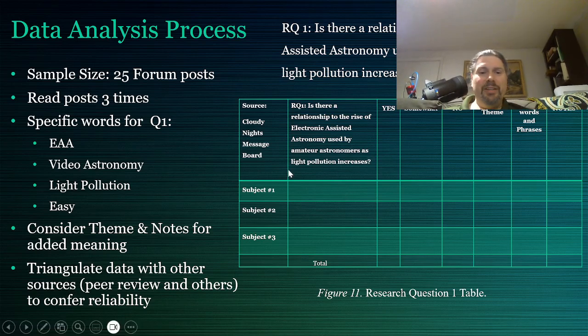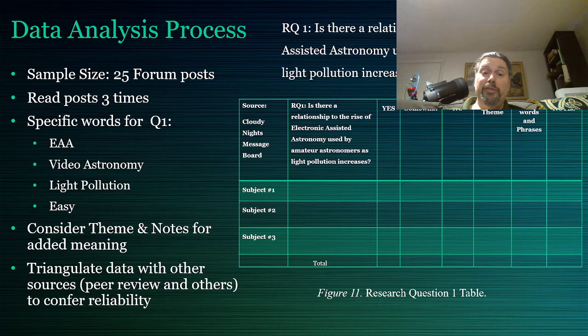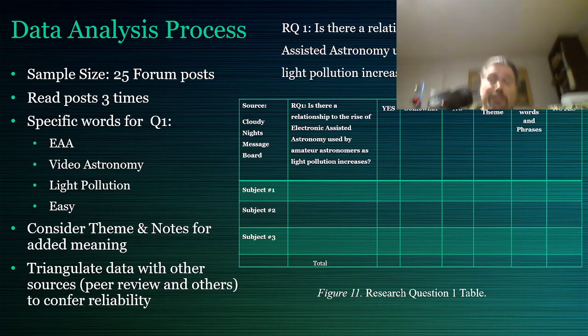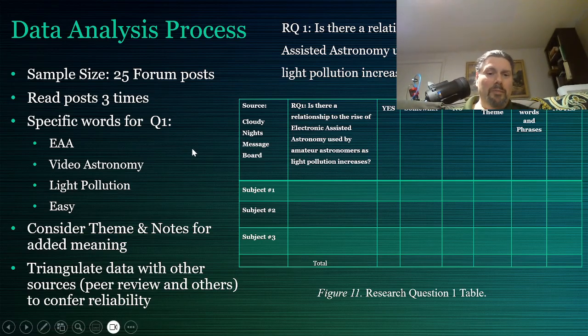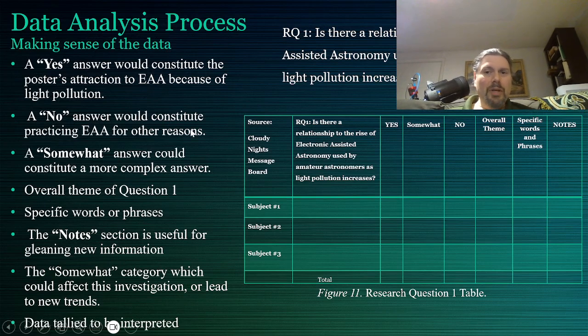Also, we're triangulating the data with other sources, like peer-reviewed articles, maybe one or two of those, just to data check ourselves to make sure we're trying to keep some kind of quality here. So once again, to look at the questions, a yes answer to the question would constitute, yeah, they're using EAA because of light pollution.